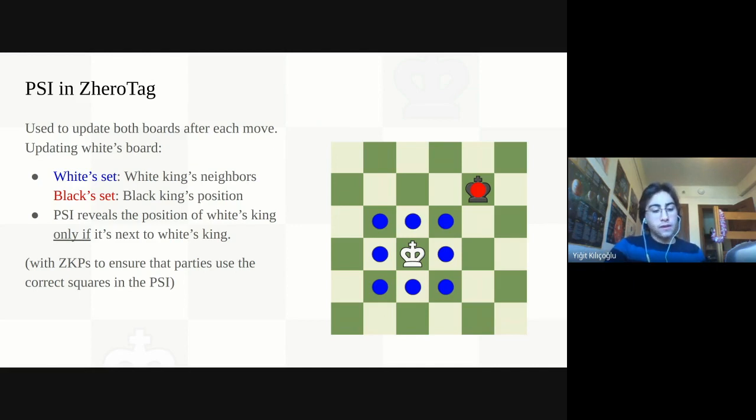And obviously, we need to be using zero knowledge proofs on the side to prove that the values that we put into the PSI are actually the values that are supposed to be there. Because if you don't have the zero knowledge proof checks, you can just give them values like this, or random positions on the board, and you can sort of try to guess the position, which will be cheating.